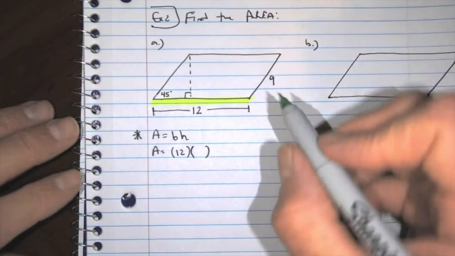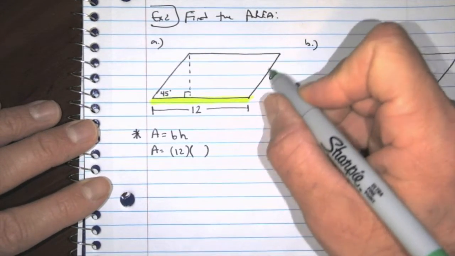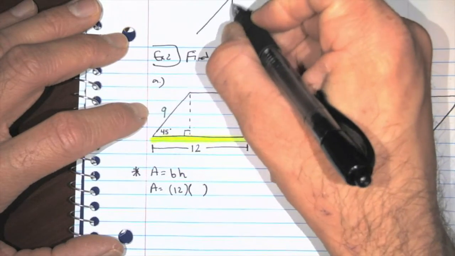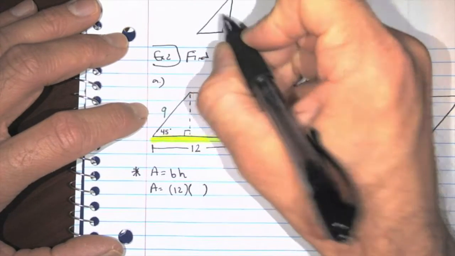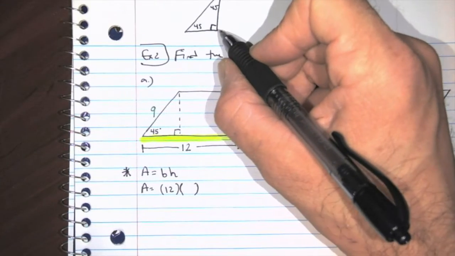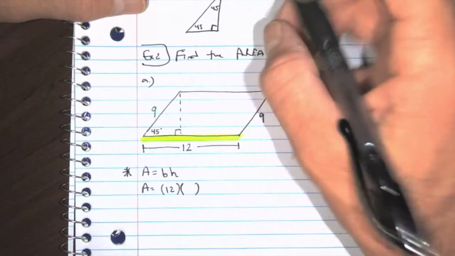Well, first things first, if this side of the parallelogram is 9, that means that the opposite side is also 9. Okay. Maybe somebody knows, maybe not. Good thing I taught everybody their special triangles way back when. If you have a 45, 45, 90 triangle, here's a bit of a review, a blast from the past, so to speak.